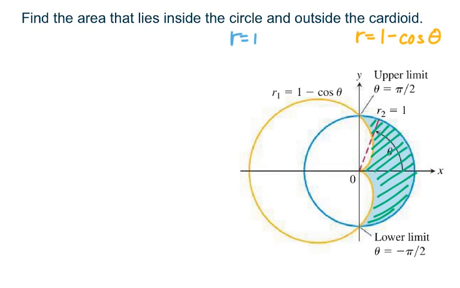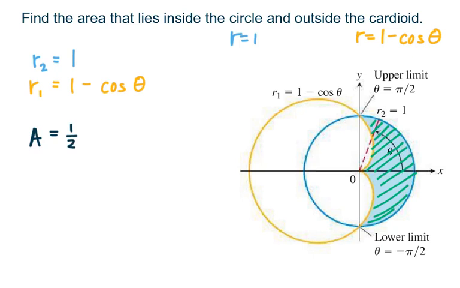So for my outer polar function, the circle, we'll say r sub 2 equals 1. And my cardioid would be r sub 1, which is 1 minus cosine theta.